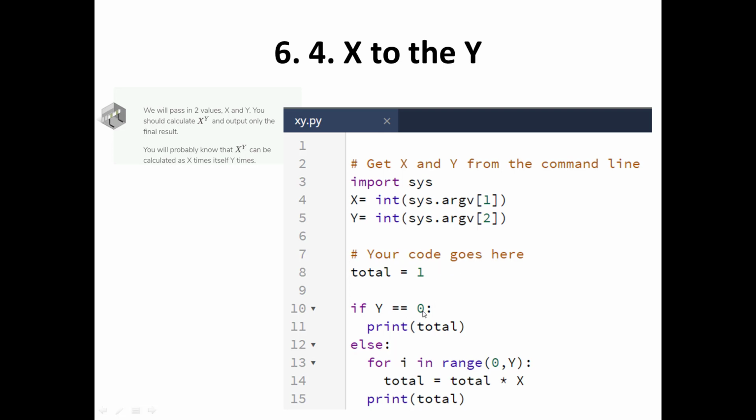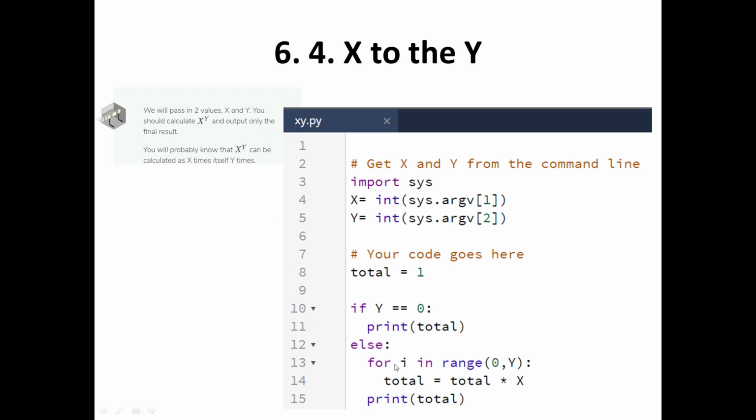So if y equals 0, we're simply going to print total. And you may recall from your high school math again that any number to a power of 0 is 1. So we're safe to say if we get a y value of 0, total is going to equal 1.